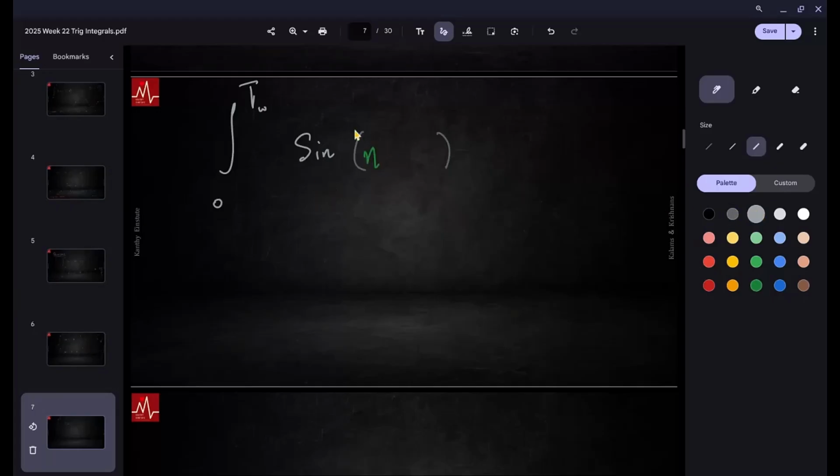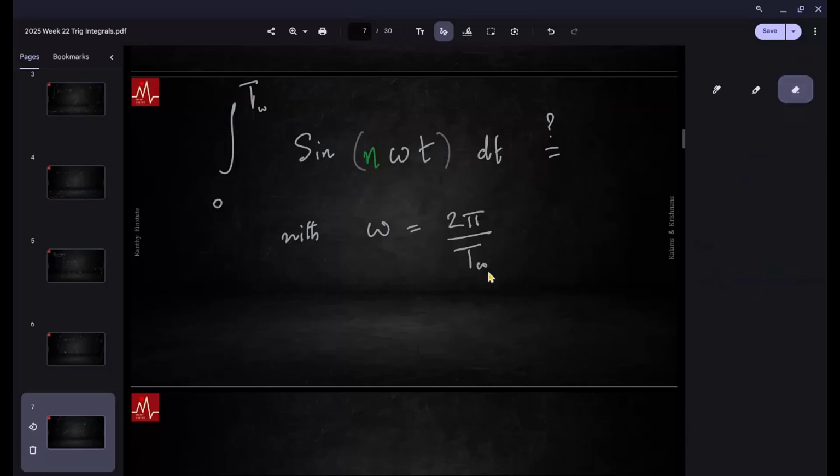How much is this? I didn't take omega t. What I mean is, omega is 2 pi by t omega. So this is not t omega but n t omega. That time period and this time period are different. n is an integer.